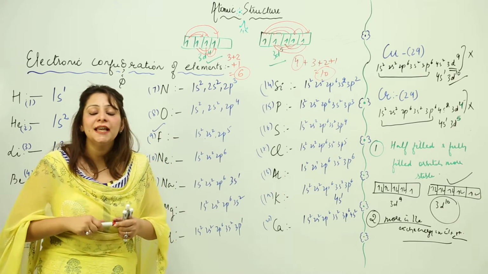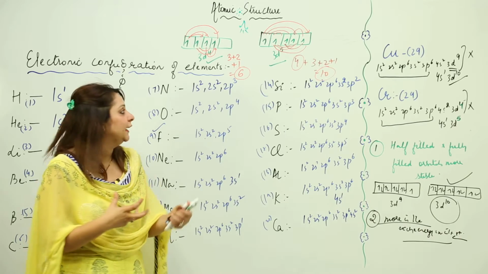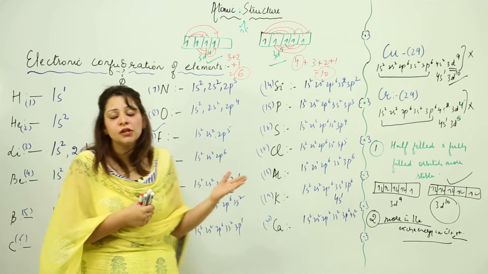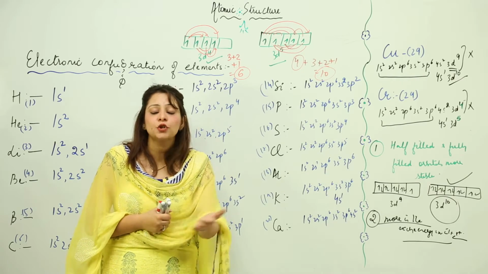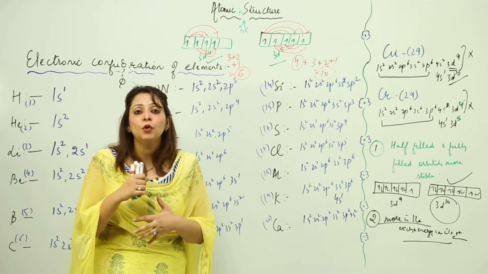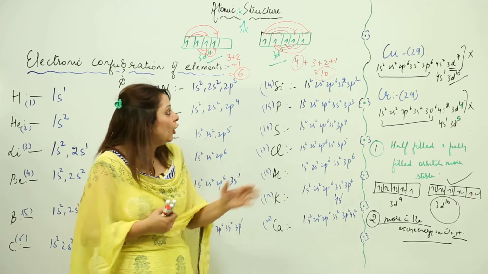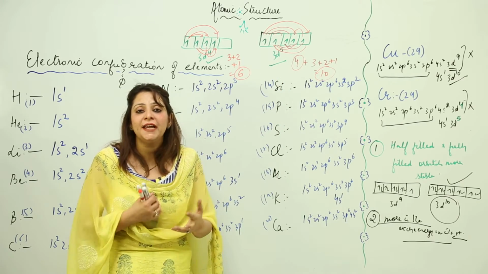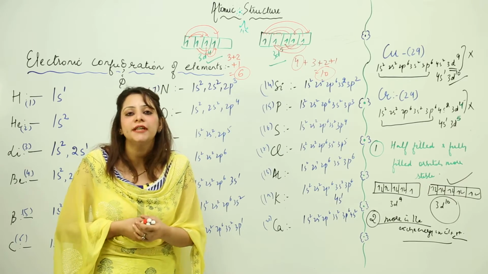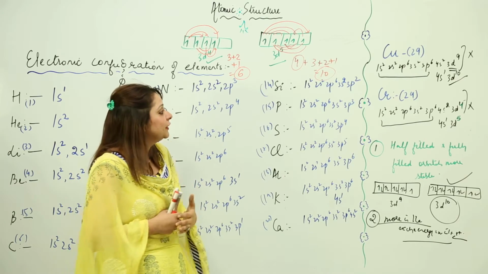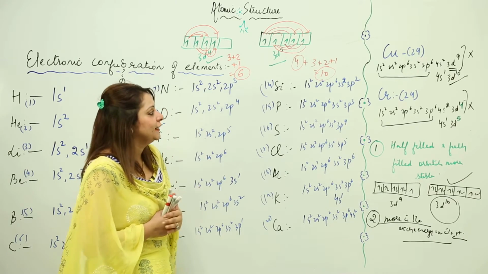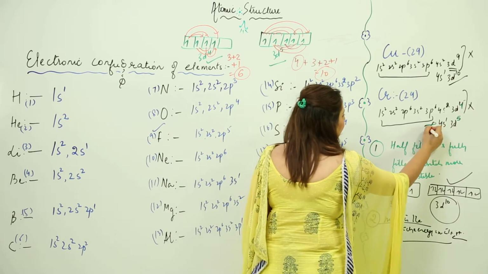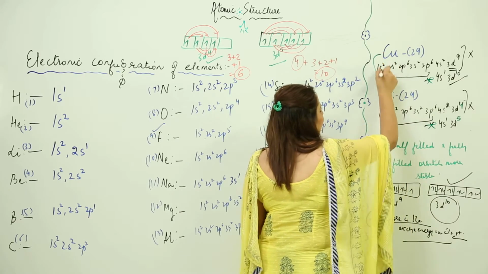So in which subshell, 3d4 or 3d5, do you see more probability of exchanging places? Obviously in 3d5. And obviously the more the exchange of places, the more the energy released, and the more the stability. So our correct method of writing the electronic configuration for copper and chromium is this one, not that one.